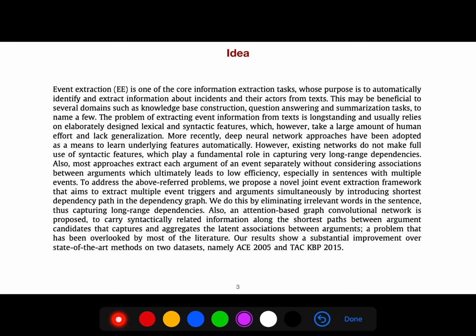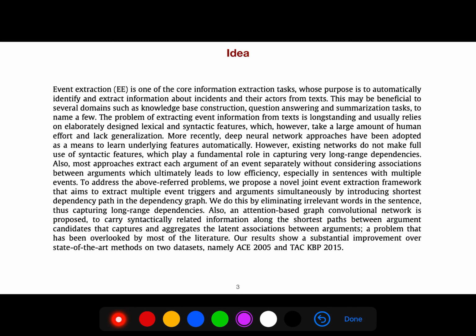So event extraction is one of the core information extraction tasks whose purpose is to automatically identify and extract information about incidents and their actors from text.